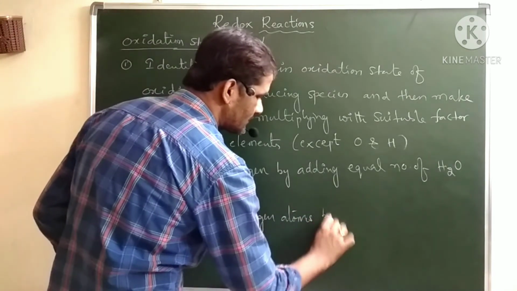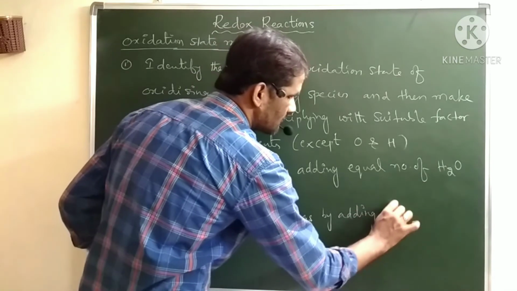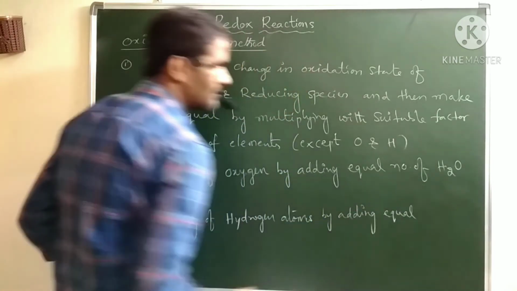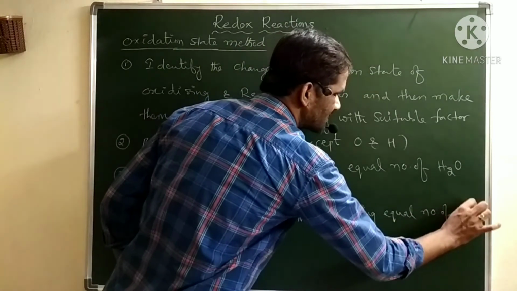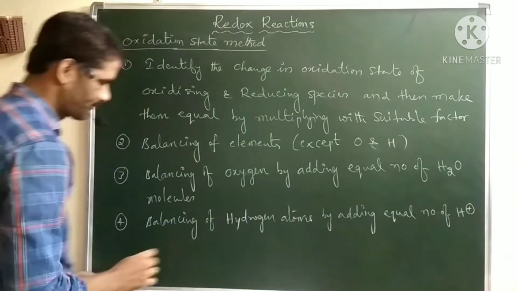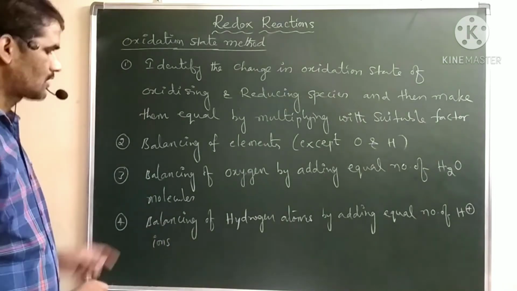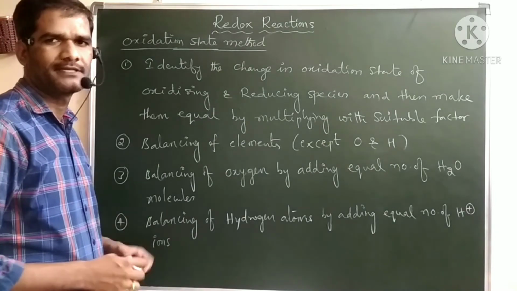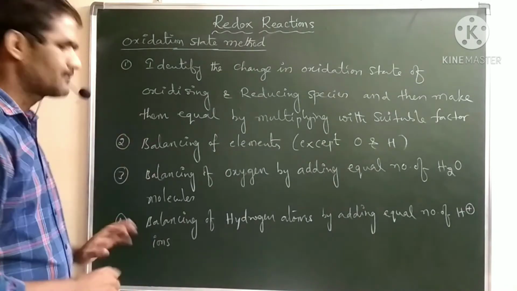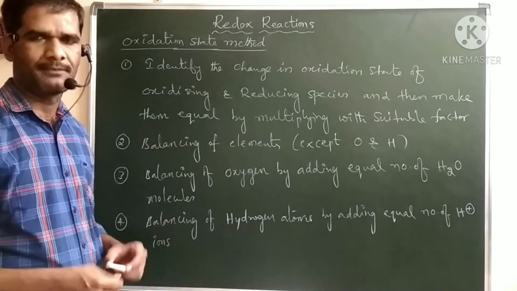By adding an equal number of H plus ions. So you have to balance oxygen and hydrogen by water and H plus ions. So these are the four steps generally involved to balance the redox reaction by the oxidation state method.